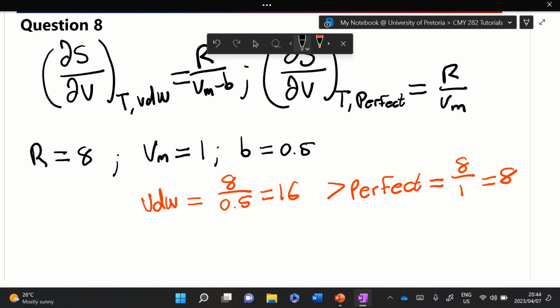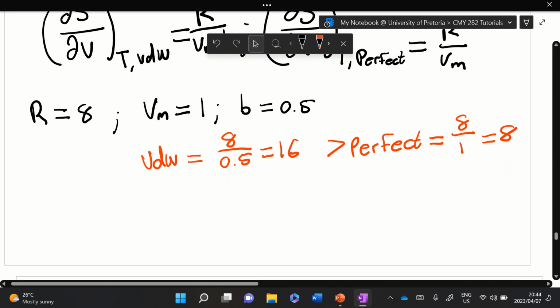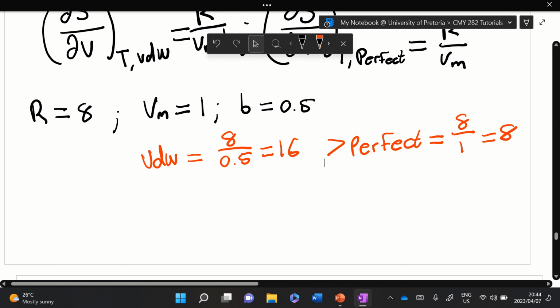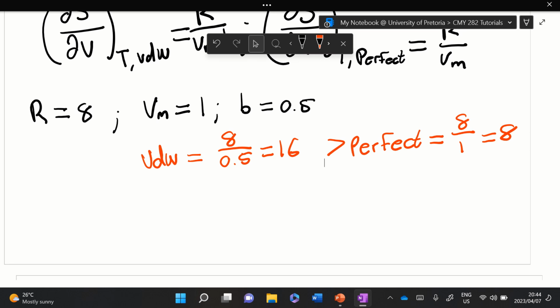Because B is positive, B will always be positive, and B indicates the repulsive forces in the van der Waals gas, the entropy change with volume will be larger in the van der Waals gas.